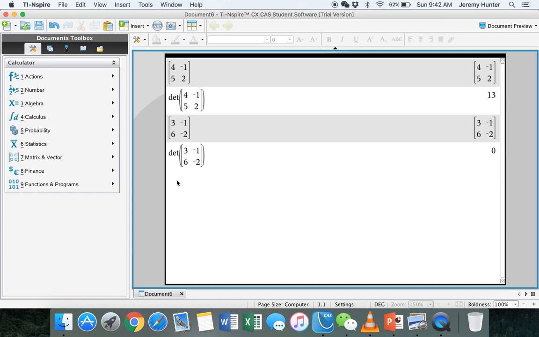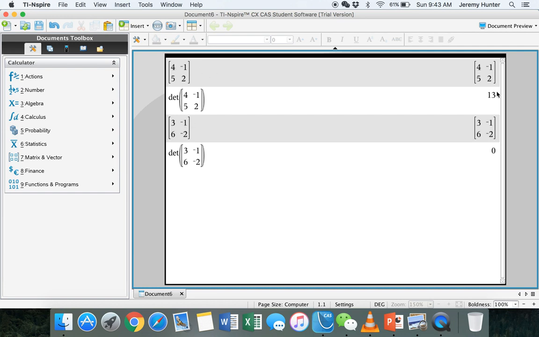So all we know now by using the determinant is that this matrix, 4, negative 1, 5, 2, does have an inverse because its determinant was not 0. We also know that this matrix, 3, negative 1, 6, negative 2, does not have an inverse simply because the determinant equals 0. That's what the determinant does: it determines whether a matrix has an inverse or not. If the determinant equals 0, the matrix does not have an inverse.